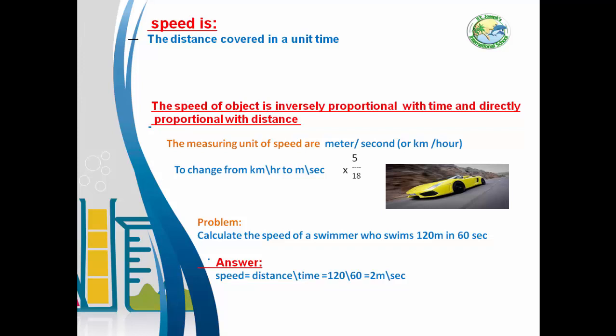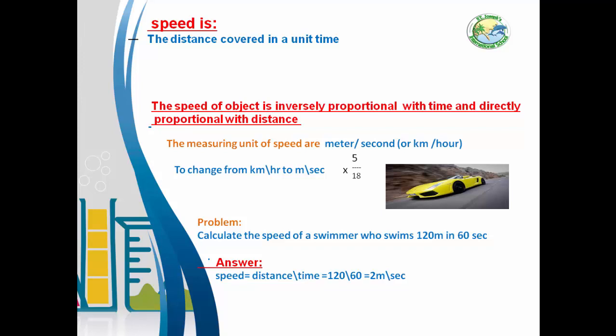Let us revise. Motion is a change in the object's position as time passes, relative to another object. The simplest form of motion is motion in a straight line in one direction. The train is an example of motion in one direction because it moves forward and backward and it doesn't move upward and downward.